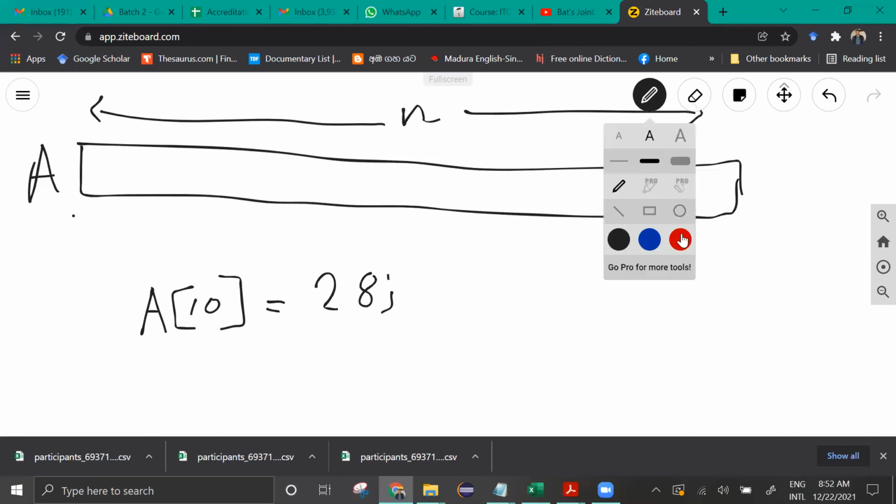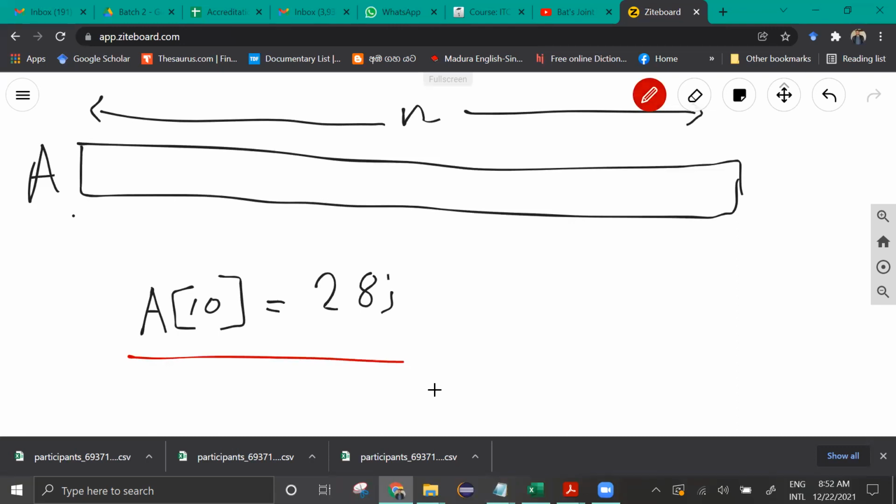To do this activity, suppose it takes 1 millisecond. Just think it takes 1 millisecond for this. So think that array size is 10.